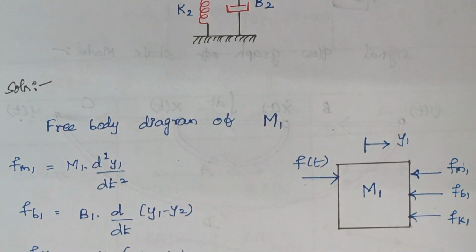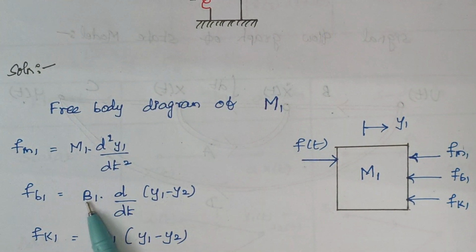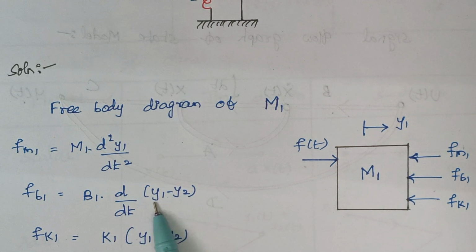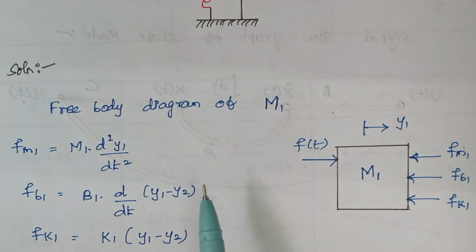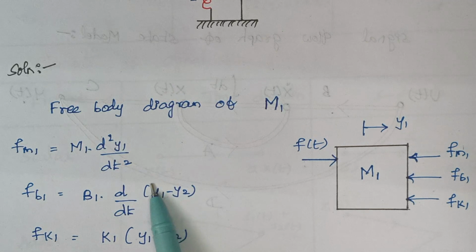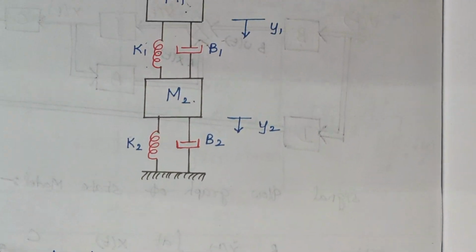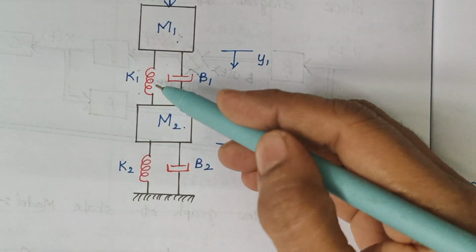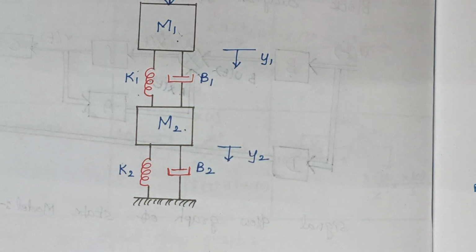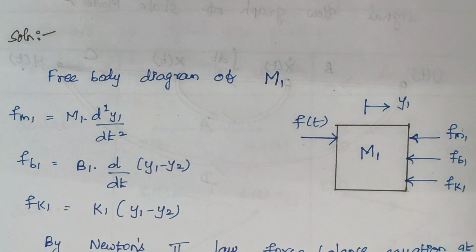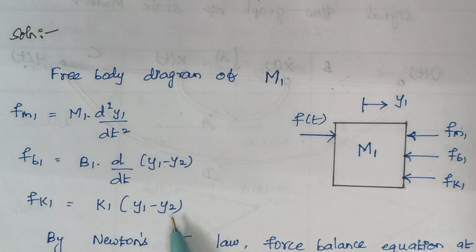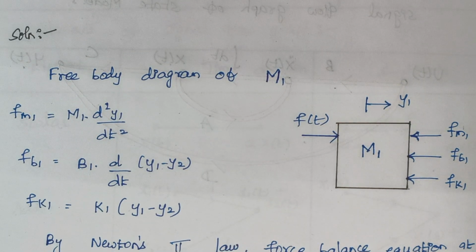It is written as b1 into d by dt of y1 minus y2, because we are considering m1, therefore y1 should be written first. Likewise, k1 is also common for m1 and m2, so fk1 is written as k1 into y1 minus y2.